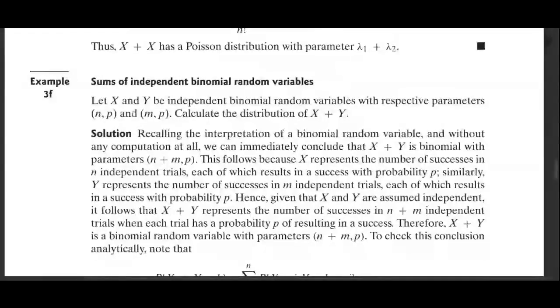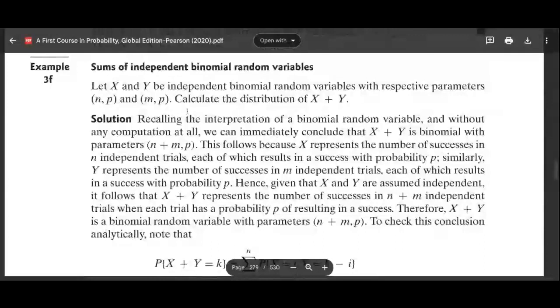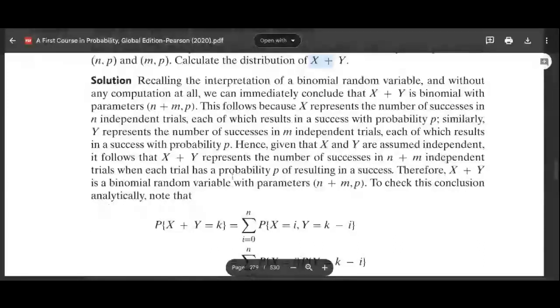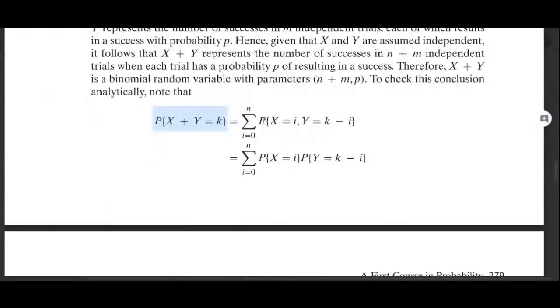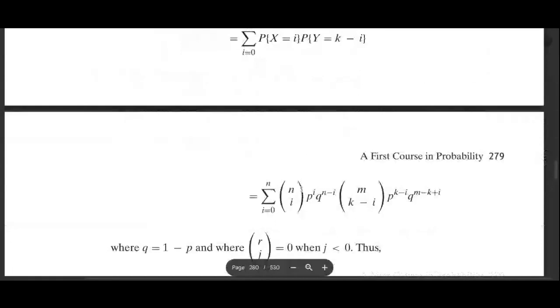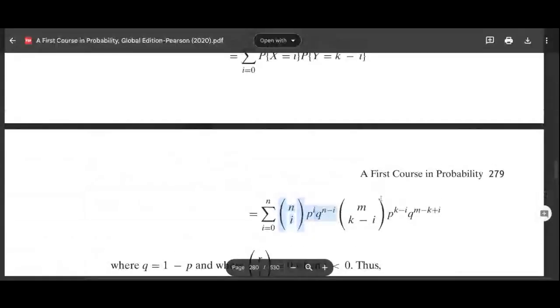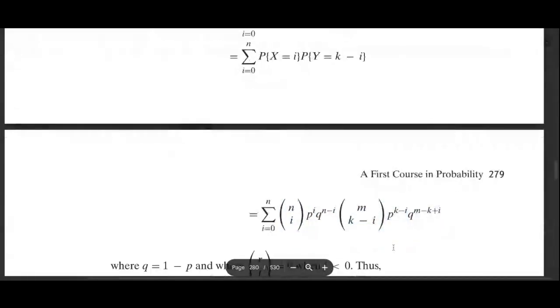Okay, let's see. Sums of independent binomial random variables, X and Y binomial, independent. We want to calculate the convolution. Because they are independent, we have this: binomial for X equal to i, binomial for Y equal to k minus i.